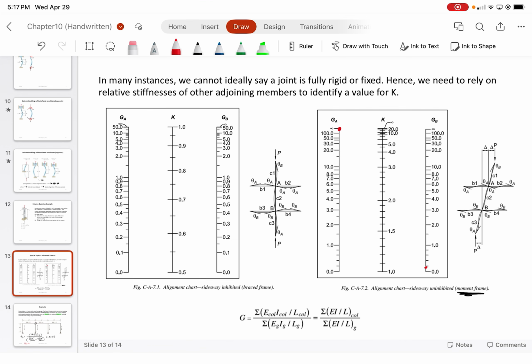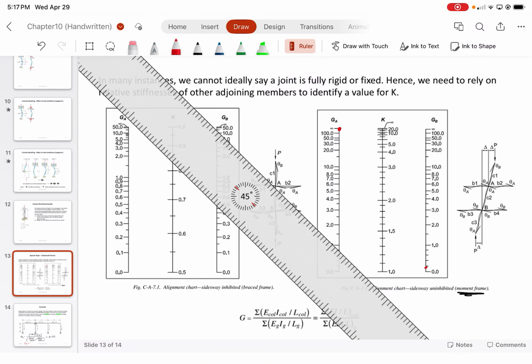And the reason for that is because then the numerator would technically just blow up, because if you guys remember, the beams are on the denominator, which in this case, there's no beams to really provide rotational stiffness. So because of that, you just assume that GA is just infinite. There's no like rotational resistance.